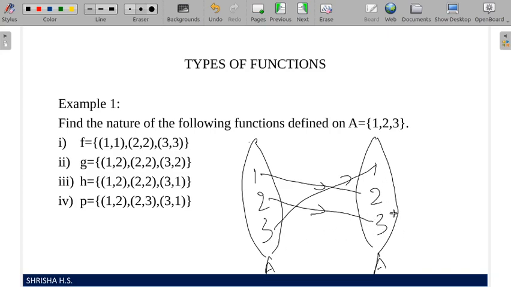None of the elements here are idle. Therefore it is one-to-one as well as onto. Therefore it is a one-to-one correspondence. As the given function p is one-to-one as well as onto, it is a one-to-one correspondence. So like this you have to write a sentence giving the conclusion.